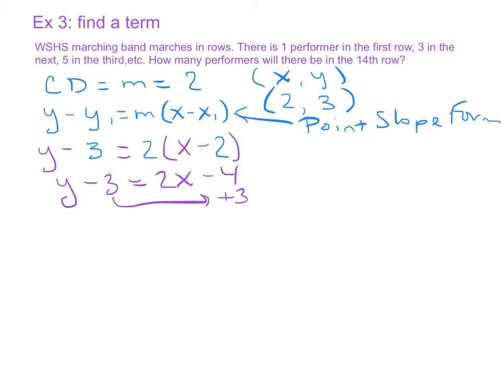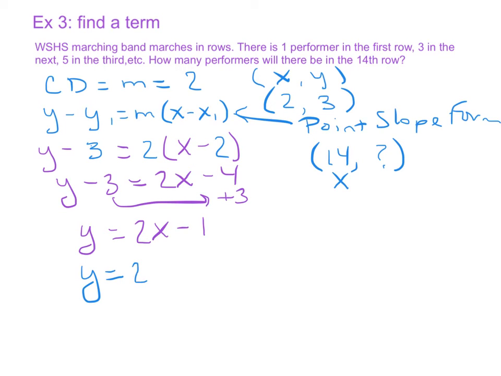Add the 3 over. We end up with y equals 2x minus 1. So we end up with a linear function. And now the question is, how many performers at the 14th row? We are trying to find how many performers, so we're going to substitute that in for x. So y equals 2 times 14 minus 1. That's going to lead us to 27 performers.